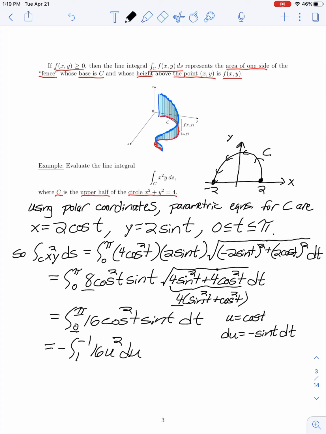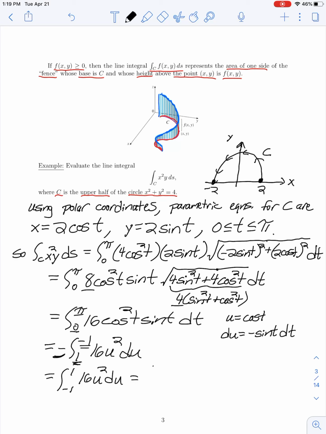Or here we see that our limits of integration we might want to reverse. Our lower limit of integration is larger than the upper limit. So if I reverse them, take negative 1 to positive 1, then I need to get rid of this negative out in front. I take the negative of a definite integral to reverse the order of the limits of integration. And now I have 16u squared du.